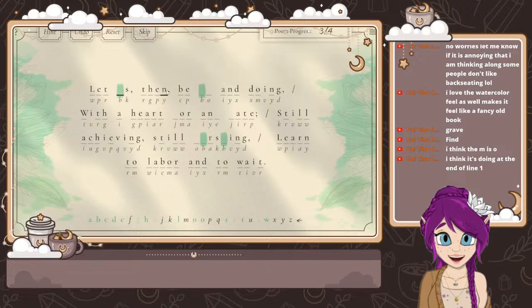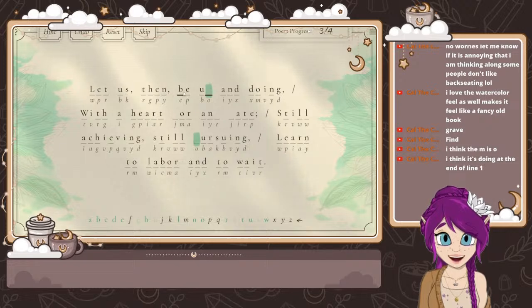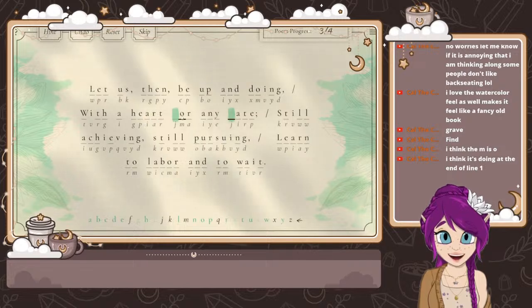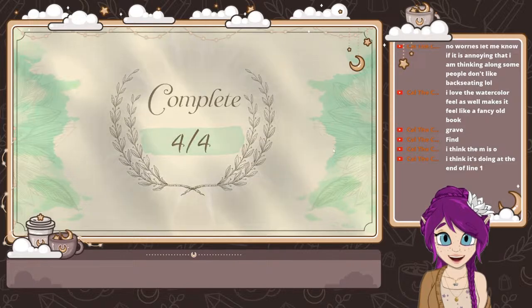Let us then be up and doing with a heart. Any? This could be any. Heart for any fate? Ooh, okay.